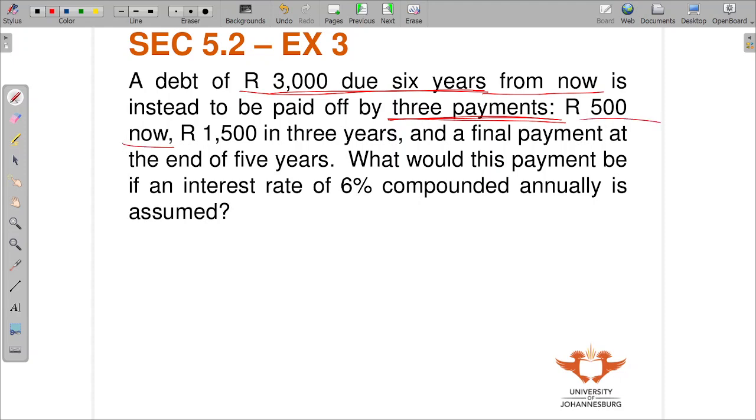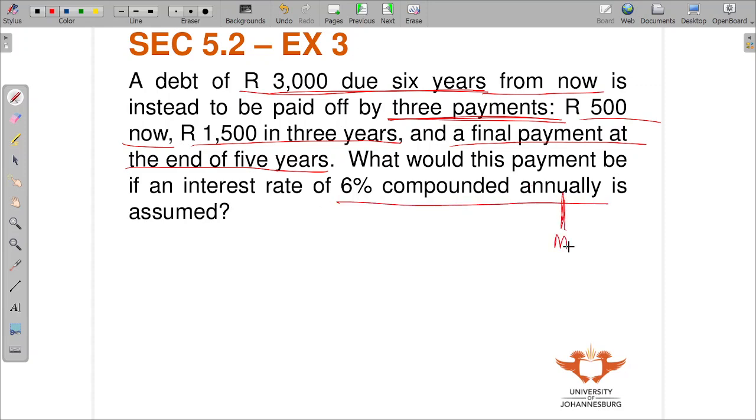500 now, and then 1,500 in 3 years, and a final payment at the end of 5 years. We don't know the final payment, so we can represent that final payment by X. What would this payment be if the interest rate is compounded annually?